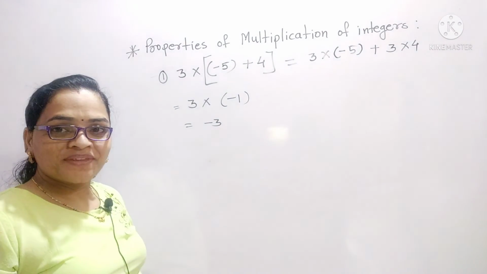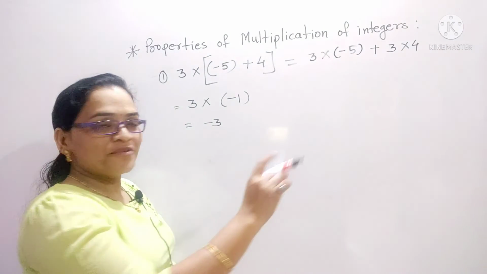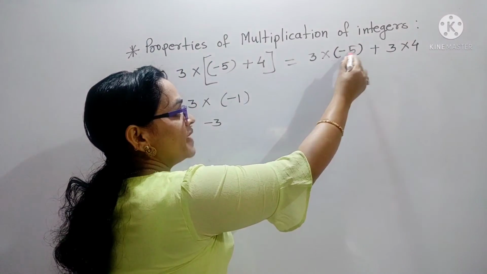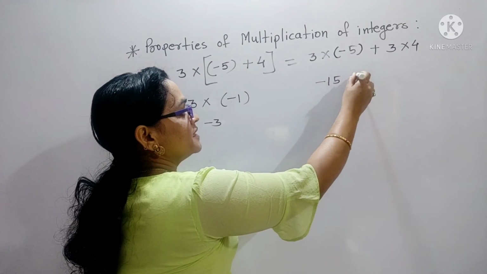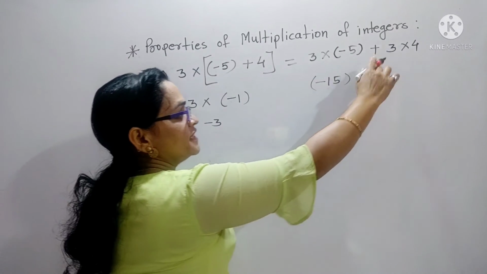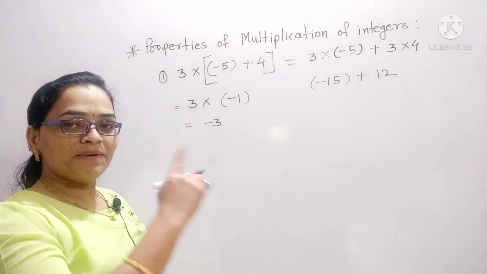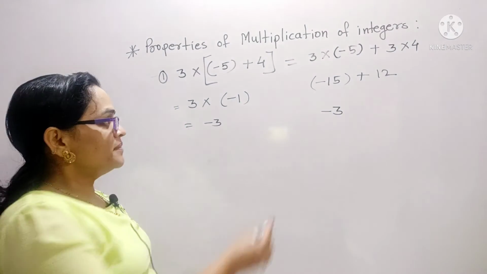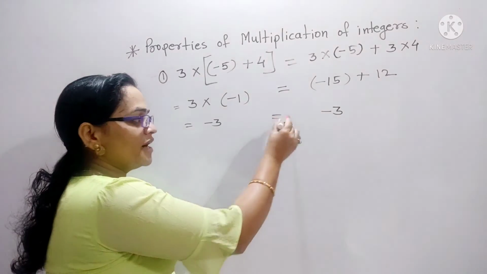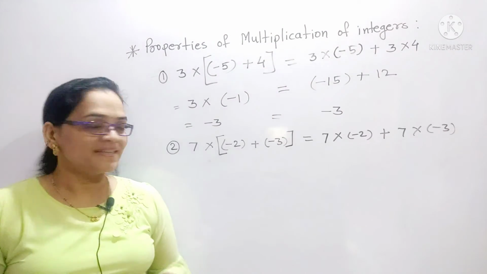And then see here, first we multiply by the first integer of the sum, minus 5: 3 into minus 5 is minus 15, plus 3 into 4, 12. Then minus 15 plus 12, the addition is minus 3. So whichever way we solve, we get the same product.